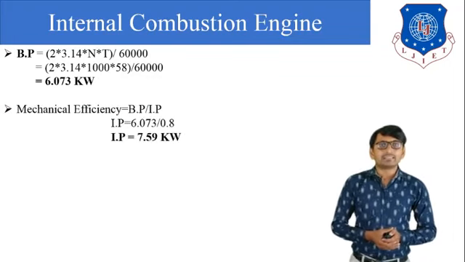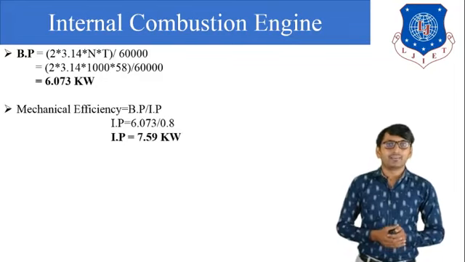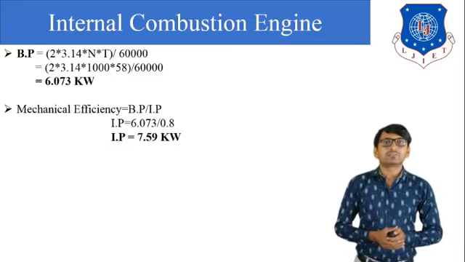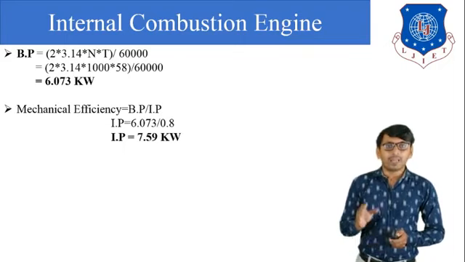Now mechanical efficiency, that is brake power divided by indicated power, then cross multiply indicated power and mechanical efficiency. So we get indicated power is equal to 6.073 divided by 0.8, that is 7.59 kilowatt. So in first step we get brake power, in second step we get indicated power.